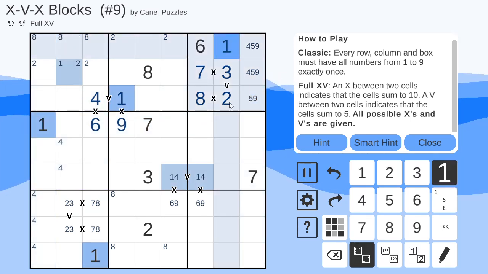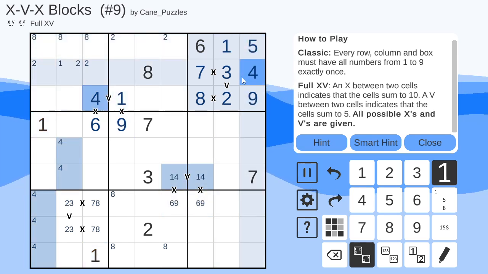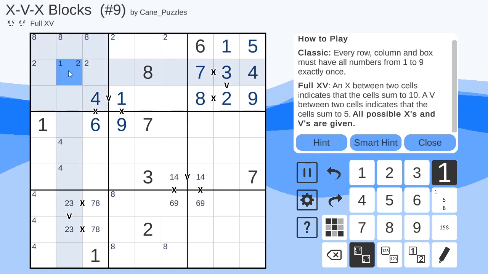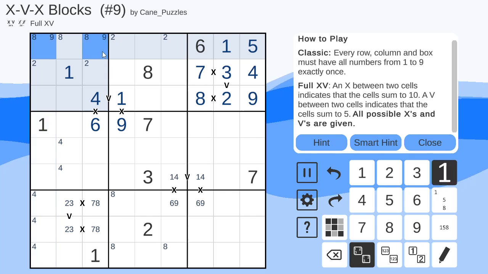This is the 1. This is a 5. This is 9. This is 4. And the reason being is if this was 4 or 9, it would make another XV sum. Alright, this is a 1. That means these cannot be 9, this cannot be 9. This is where a 9 lives.